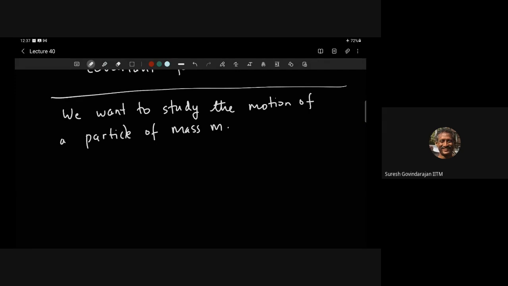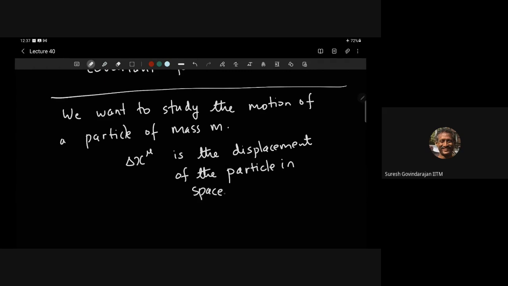Now the key point is, we should study displacements, right? That's what we are told. So let's say that delta x mu is the displacement of the particle in space-time. This we know is a 4 vector.